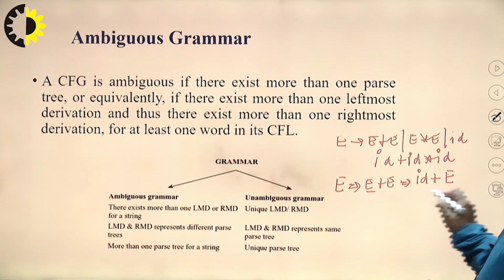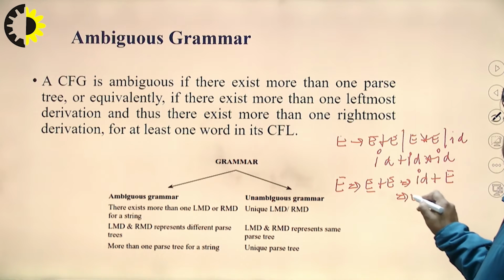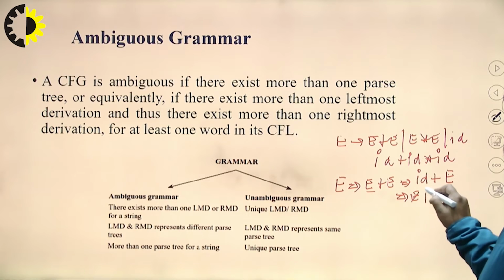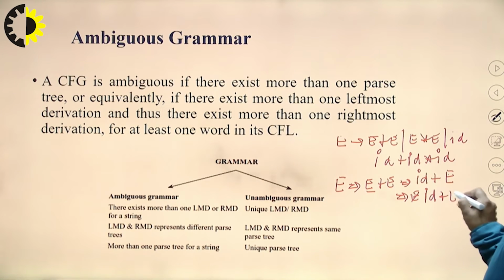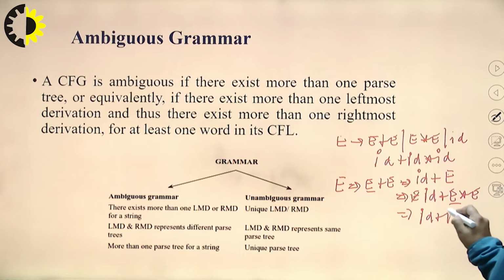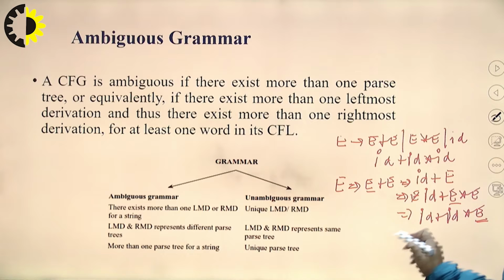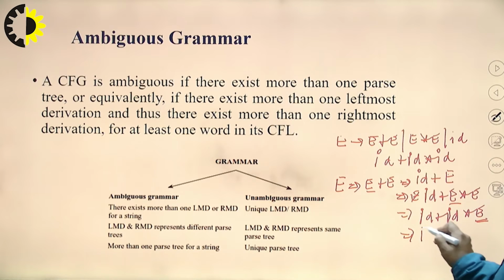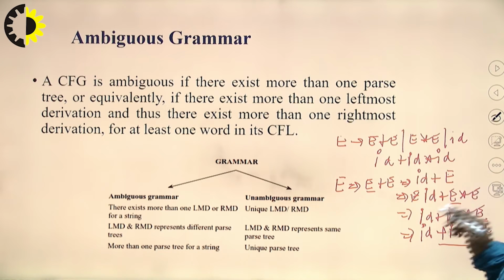After that, this E is replaced by E multiply E. It is ID plus E multiply E. Now the extreme left symbol is this one, so you can replace it by ID plus ID multiply E, and at last this E will be replaced, right? So you can see ID plus ID multiplied by ID, right? So this is the leftmost derivation.